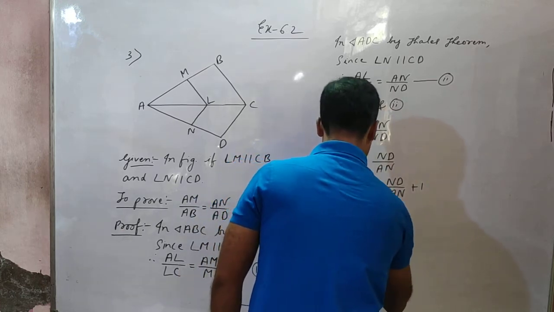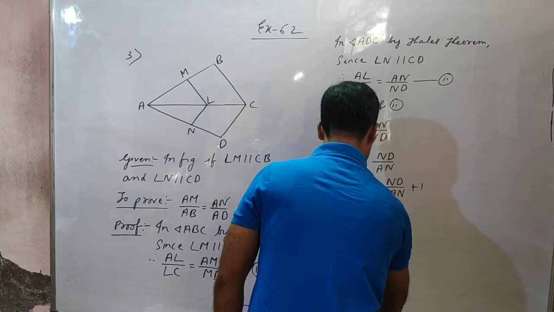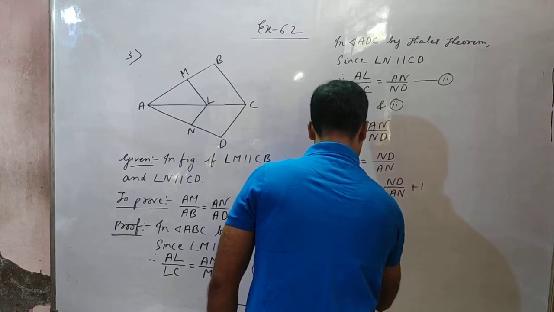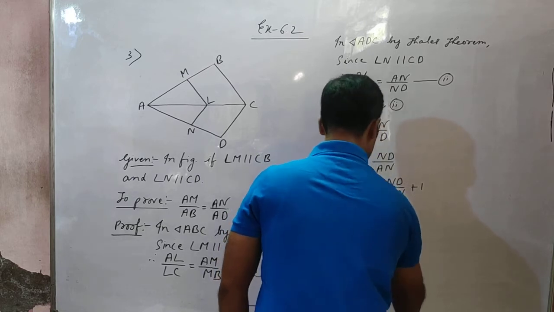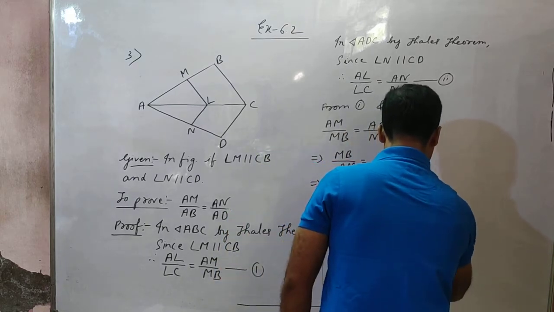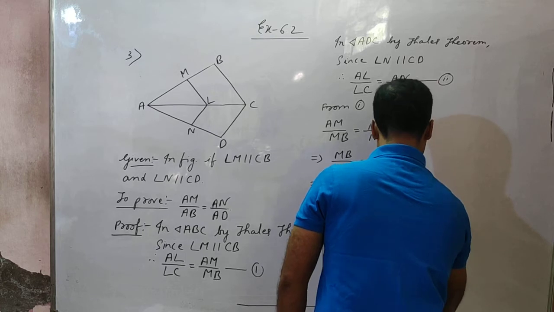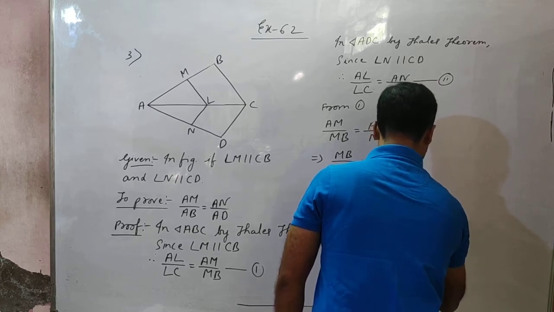So MB plus AM on this side, ND plus AN on that side.